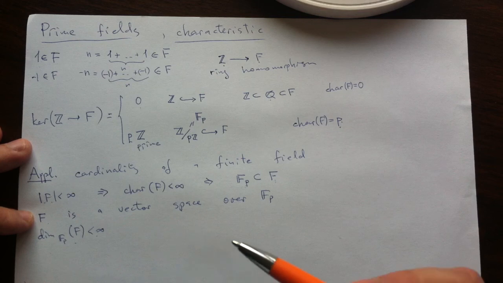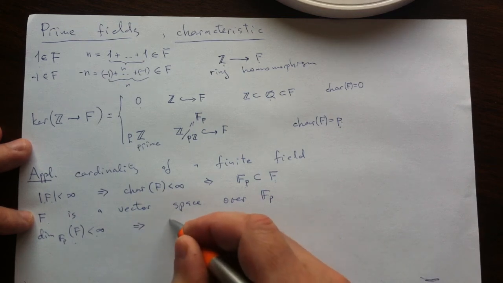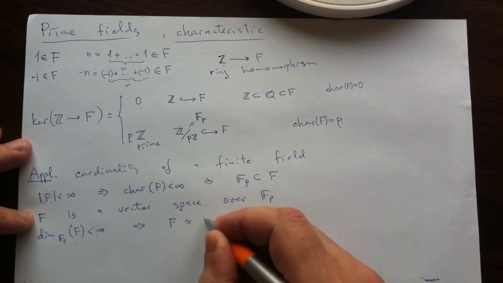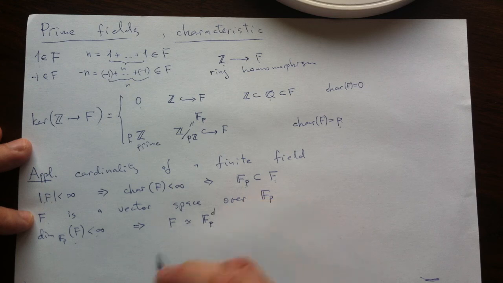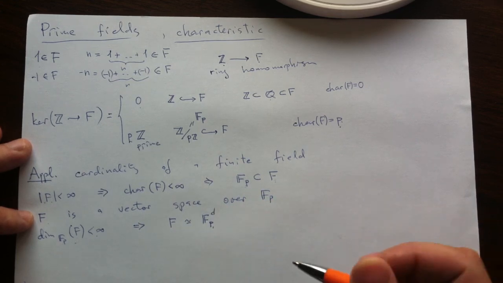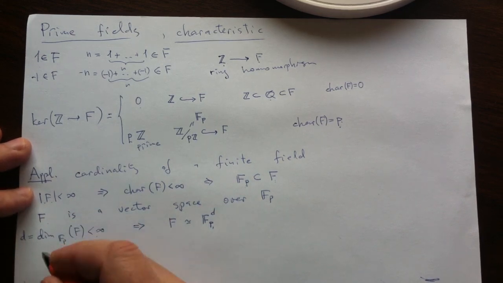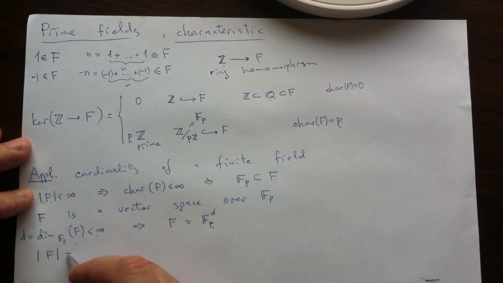So if it is finite, we know that this vector space has to have a basis, has to be coordinatizable, isomorphic to some coordinate vector space for some dimension d. So d is this dimension. And the rest is just counting. To count the number of elements is to count the number of vectors here.